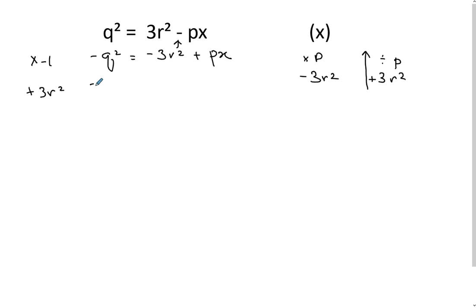Let's put the 3r squared first so it just looks better. Equals px, and then divide by p, and you've got (3r squared minus q squared) divided by p equals x.